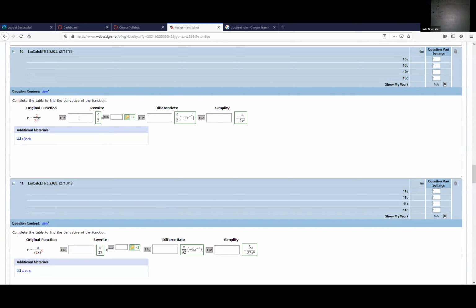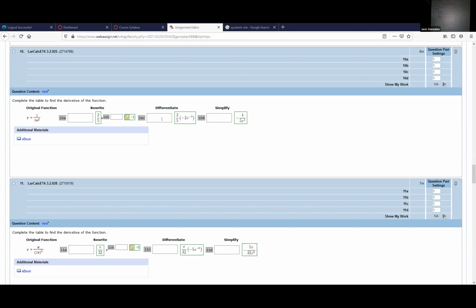So this would be the fraction part that moves to the side, 8/5. This one would be the -2 power here. Okay, so you said it's a -2 power. Right. And then we would find our derivative, and this one would be -16/5 times x to the -3.